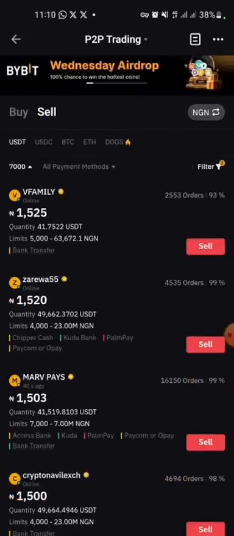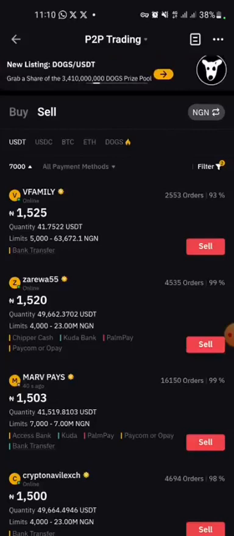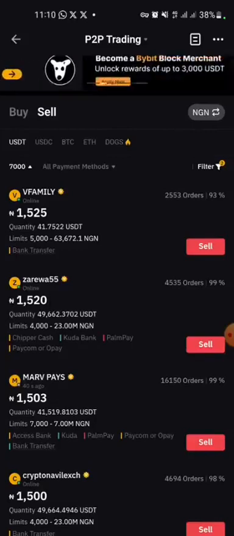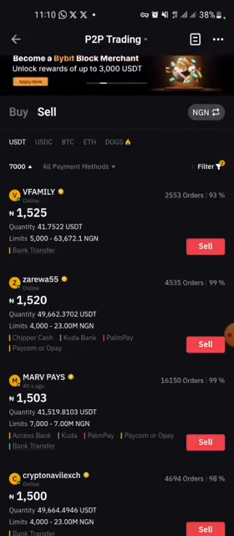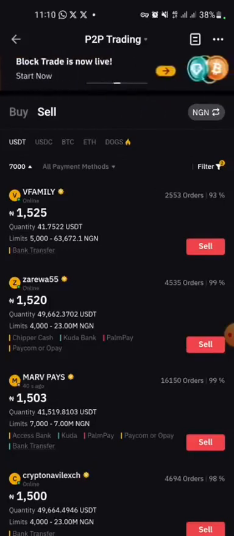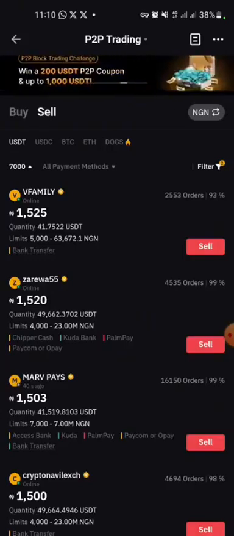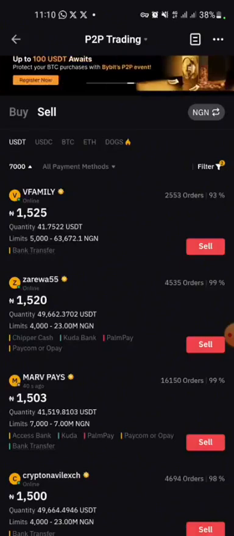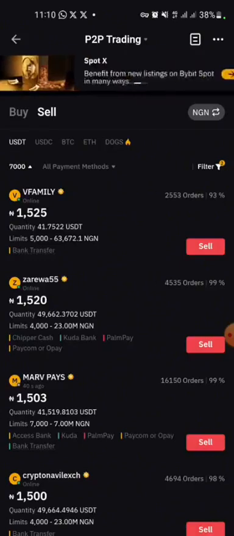Good. So you look at the exchange rate, 1,525, which is normal, because the lower you trade, you see that there was a difference, 1,525. Those people that have high limits were selling at about 1,590 something, 1,580 something.